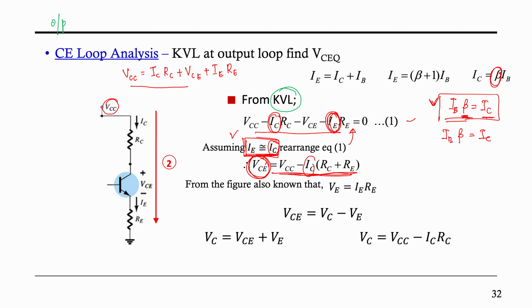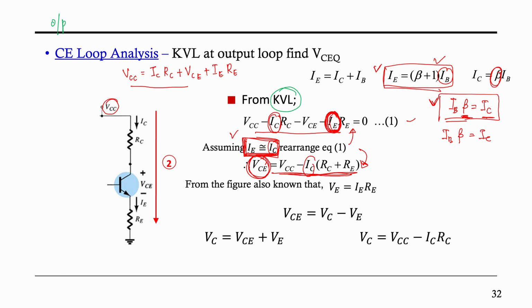So in this equation, you have IE, the current at the emitter, but we don't know what the current at the emitter is. Either you use the equation IE is equal to (beta plus 1) IB, or you replace IE with IC, which gives this other equation. Either equation works for getting the value of IE.